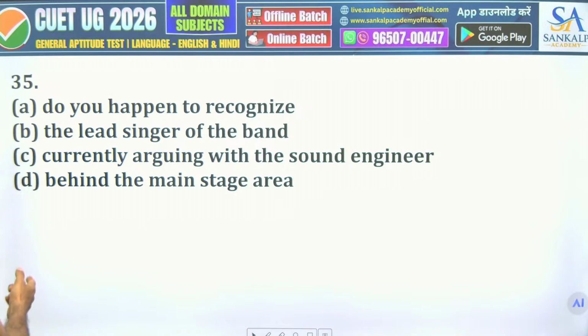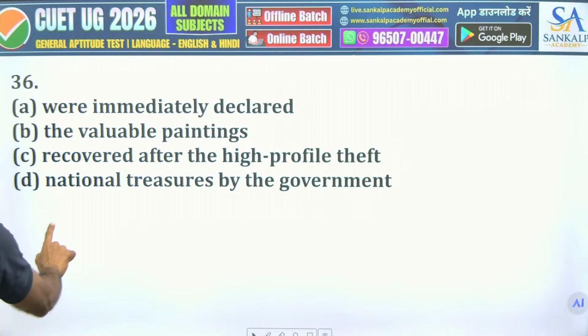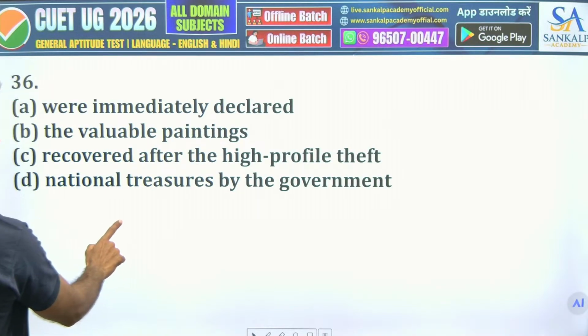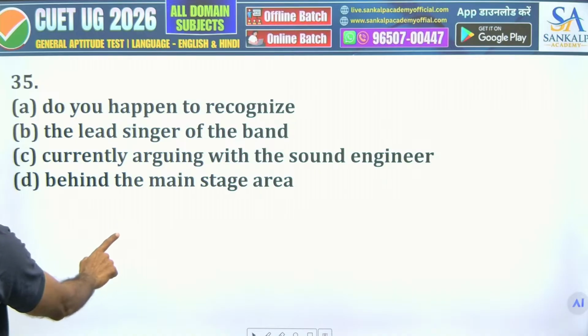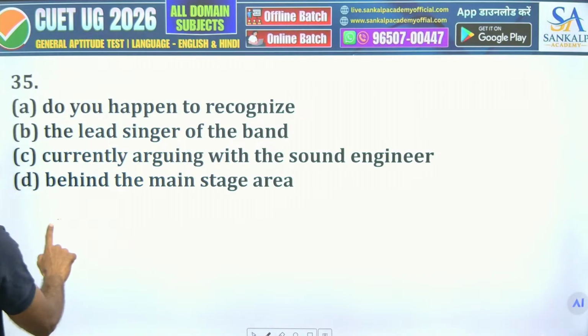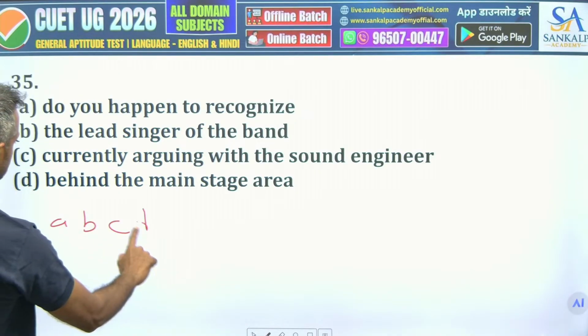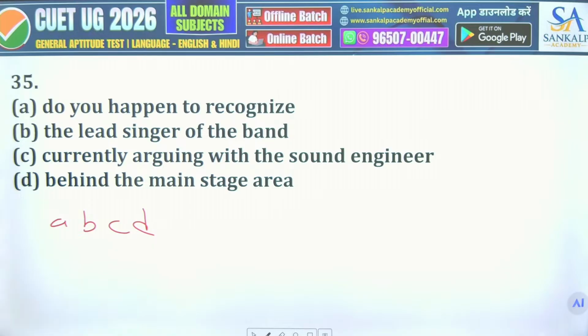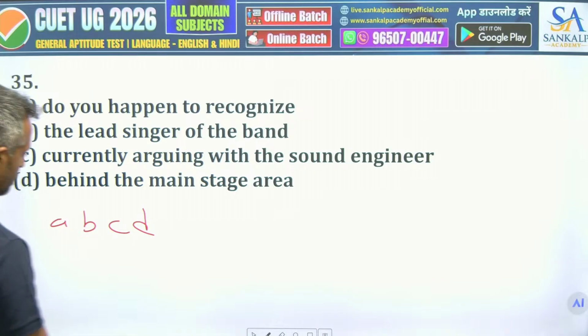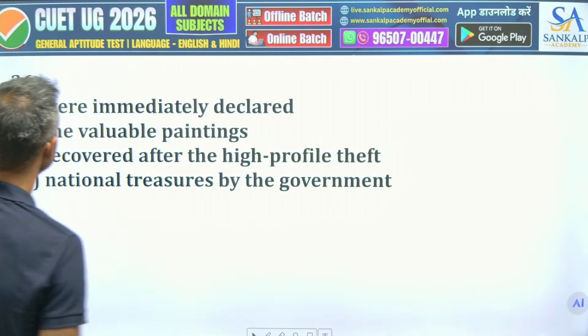So it will be A, B, C, D in the same order. Do you happen to recognize the lead singer of the band currently arguing with the sound engineer behind the main stage area? All right, next.